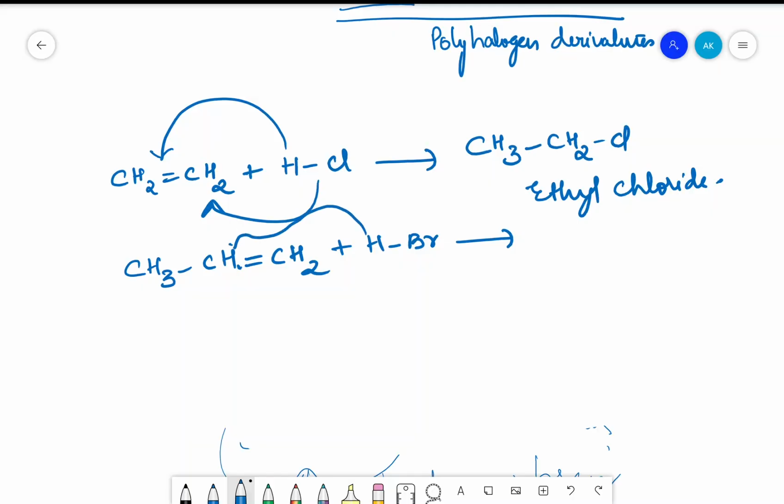Hydrogen will go towards CH2 and Br will go to CH as per Markovnikov's rule. Please refer to Markovnikov's rule if you don't understand the analogy which I am telling you. In addition reaction, this double bond is broken.